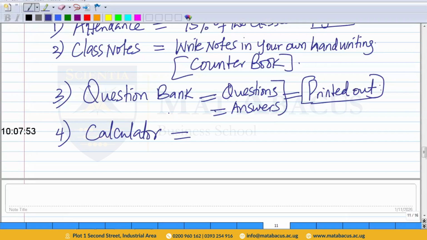You are not using the calculator for the first time in the exam. In the exam, you get used to how to press the calculator. So you need to have your own calculator, so that as we are computing, you see how things are moving. Because there are formulas, there are computations that will require you to have one, and I expect you to have it every time you come to class.